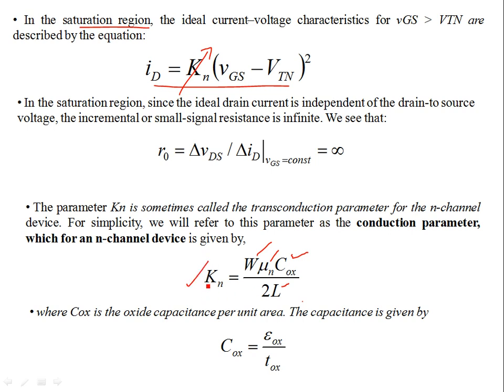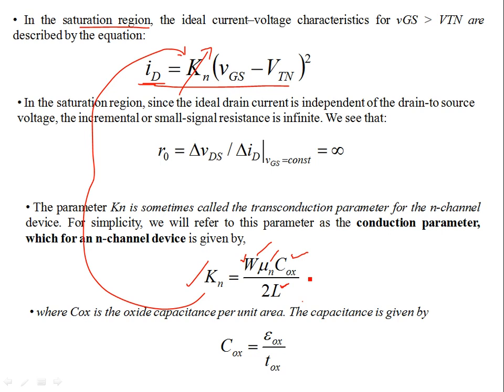Then you can plug this Kn into this expression, and you can find what ID is. ID is set by the given geometrical parameters W and L. You cannot do anything about this transconductance parameter, because the geometrical and electrical parameters are already set during the fabrication of the MOSFET.